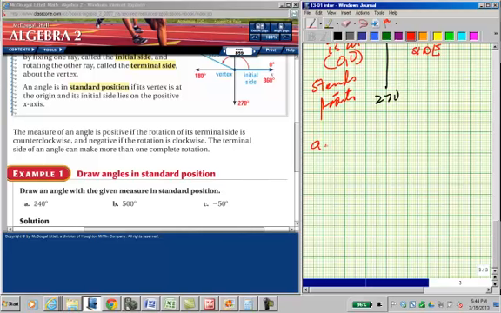So 240. Well, let's make it black again. Draw the coordinate system. Now, don't worry about being exact. Don't get a protractor out or anything like that. But let's label it 0, 90, 180, 270, 360. Okay, so we start out at the initial side. Now we're going to go red. The initial side right here. Now we're going to start.